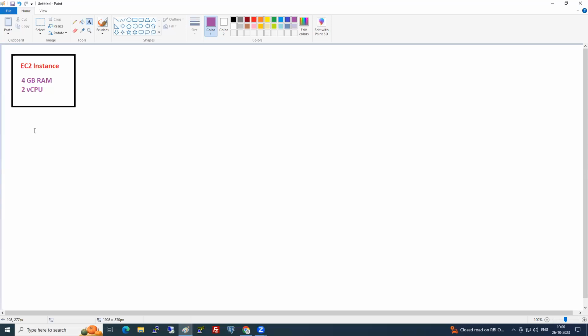The EC2 instance stood very strong, saying, I want to serve all the customers. But all of a sudden the 4 GB RAM got used up and many people started accessing. What will happen? It will crash.